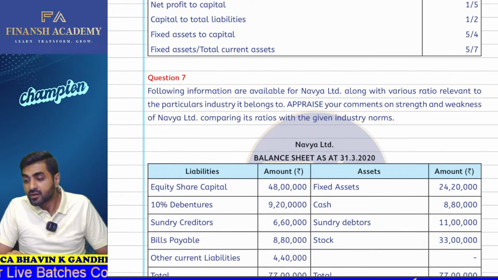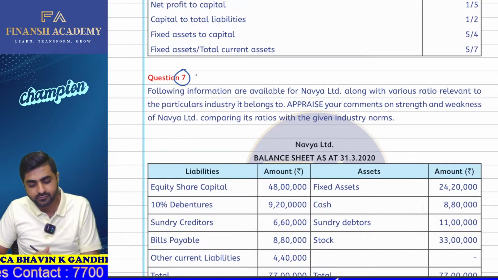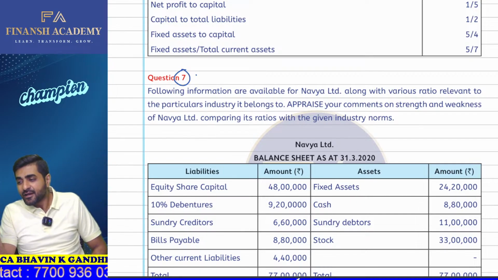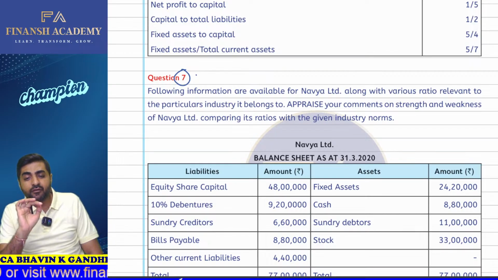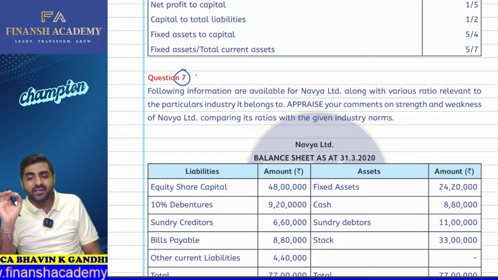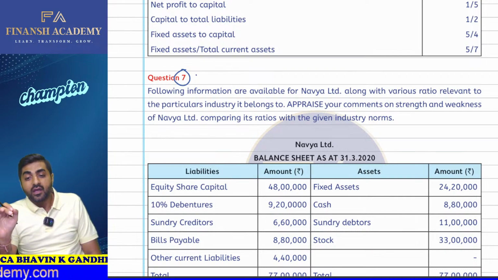Don't worry, question number 7 looks lengthy, but it is very much manageable. See what is given to you in question number 7. Following information are available for Navia along with its various ratios relevant to the particular industry it belongs to.